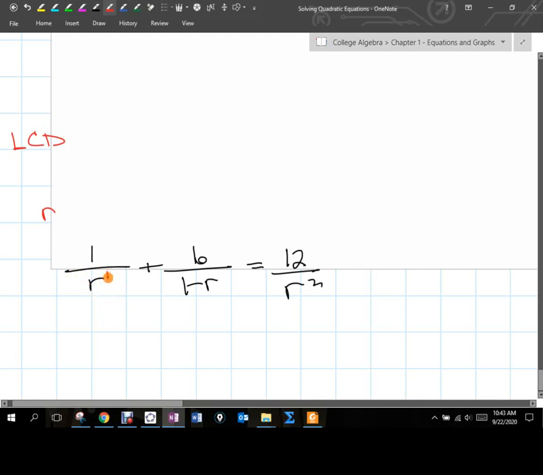But there's a power of 1 here and a power of 2 there, so which one do I take? Power of 2. So R squared has to be part of my LCD. It takes care of that R and that R squared. Keep going through: 1 minus R is a new denominator, so it has to belong as well. That generates my LCD, so I'll multiply every one of these by that LCD.